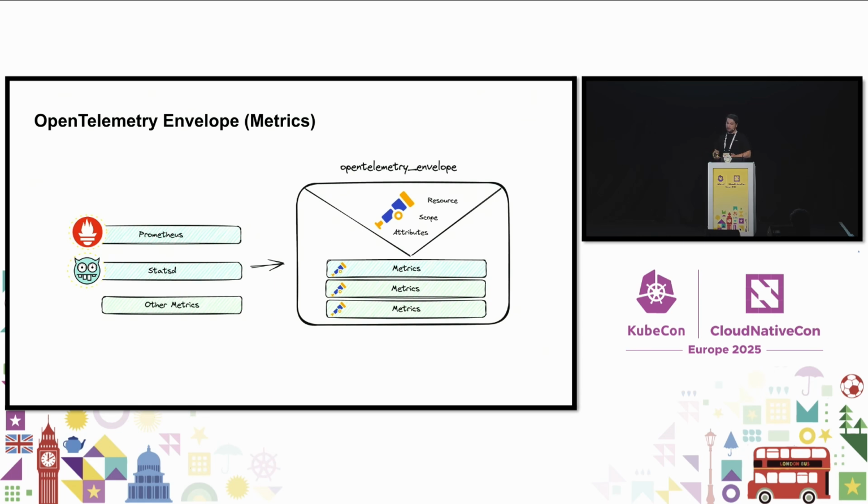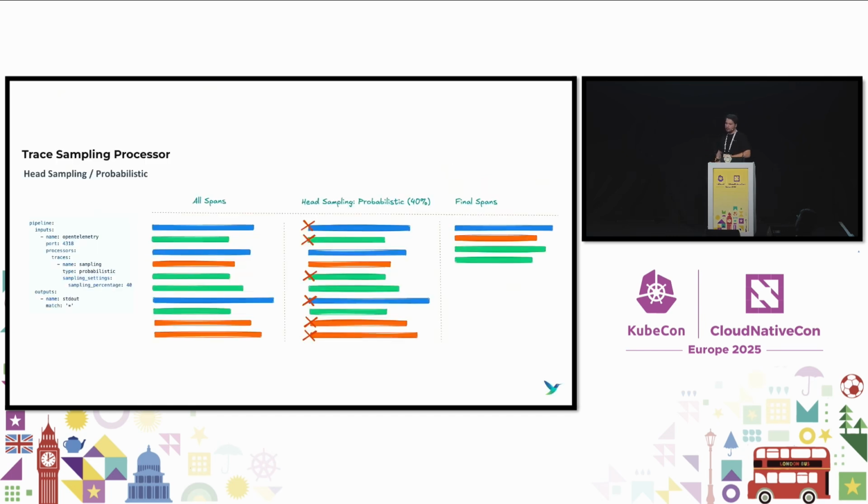It is the same for metrics. Let's say you have some Prometheus endpoints or StatsD or other metrics. Fluent Bit just converts them to an OpenTelemetry compliant schema. And like I said, it has some enrichment and filtering capabilities also.